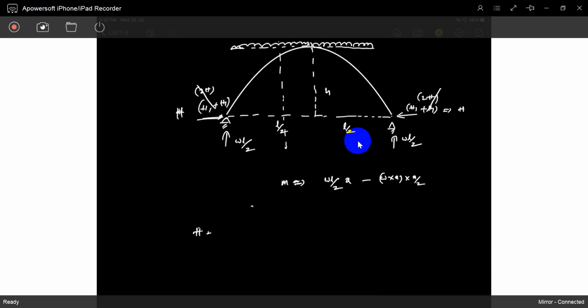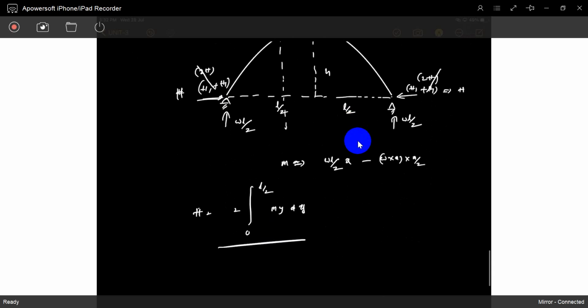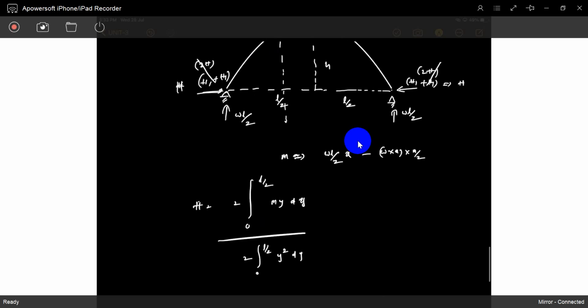The H value is the integral from 0 to L by 2 of M y dx over the integral of y square dx. You can write it like this, with 2 outside because it is a replica of half, a mirror image, symmetrical.